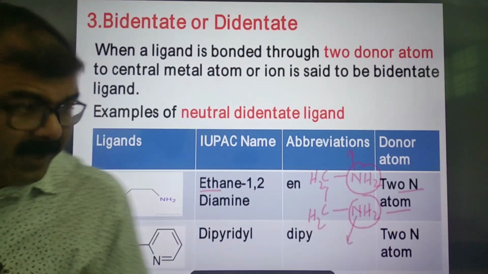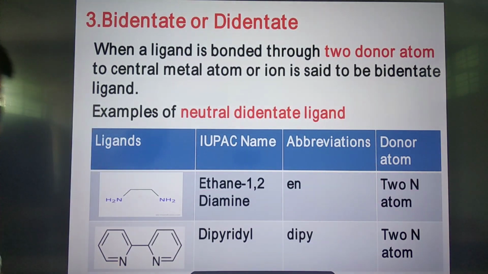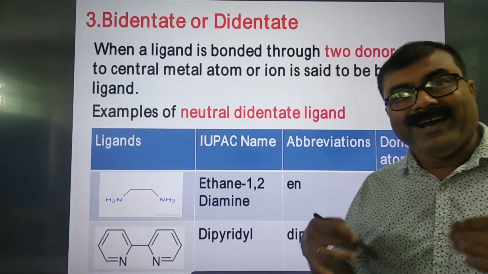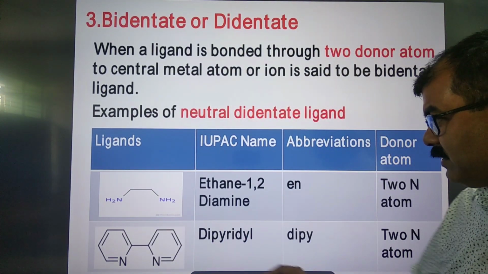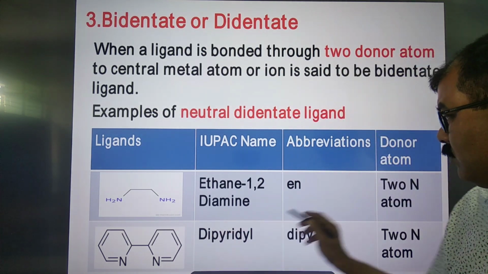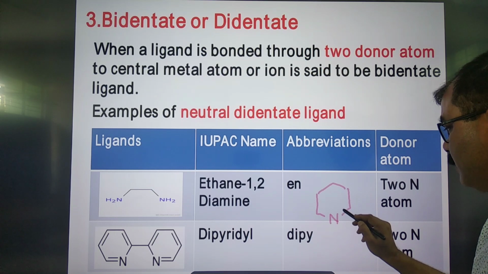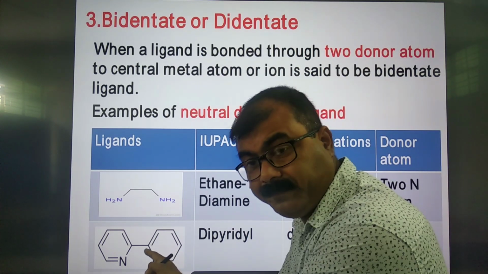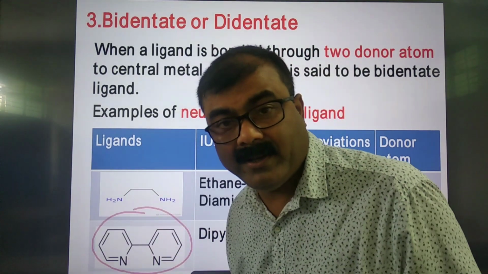Now, another very important bidentate ligand is dipyridine. My dear students, do you know what pyridine is? Pyridine is a heterocyclic organic compound containing nitrogen. But when two pyridine molecules join, that is called dipyridine.